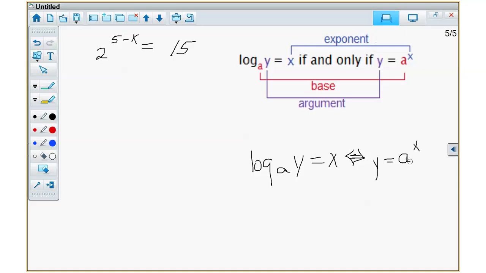And basically, that's where we get that a logarithm is nothing but a glorified exponent. You can rewrite an exponent as a logarithm or a logarithm as an exponent. So if you want to get down to brass tacks, a logarithm is nothing but an exponent.